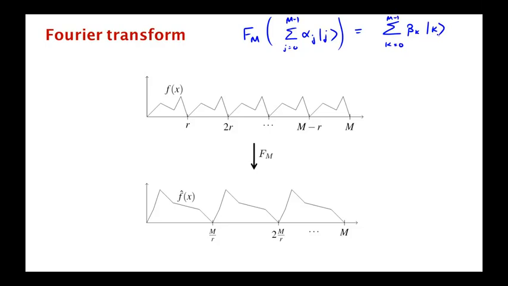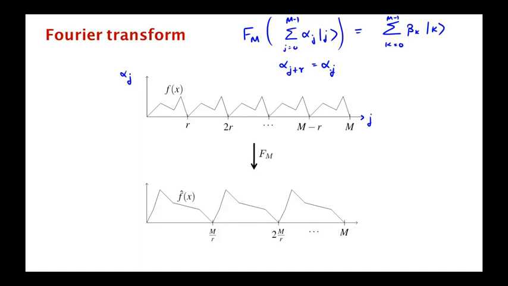So what's periodic here? Remember, we are plotting j along this axis and alpha sub j along that axis. What we are saying is that these amplitudes are periodic, meaning that alpha sub j plus r equals alpha sub j. That's what it means to be periodic with period r. When you add r to the index, you get back the same amplitude.